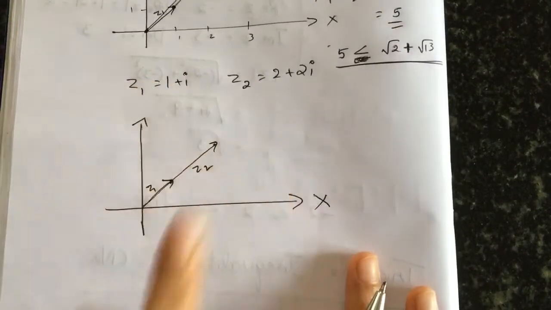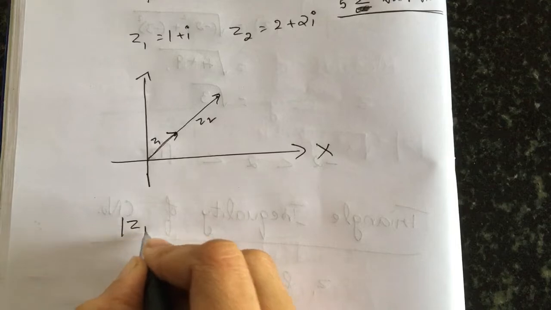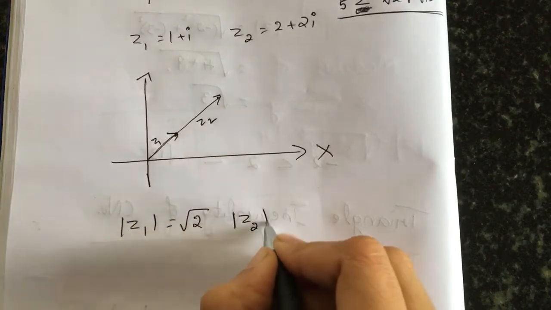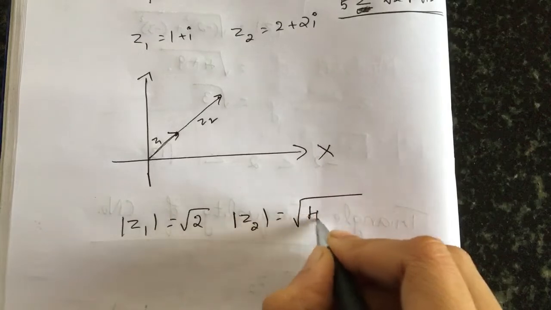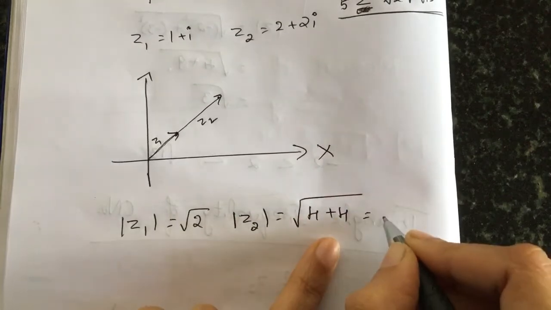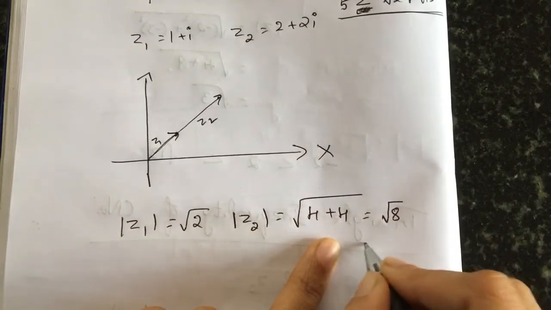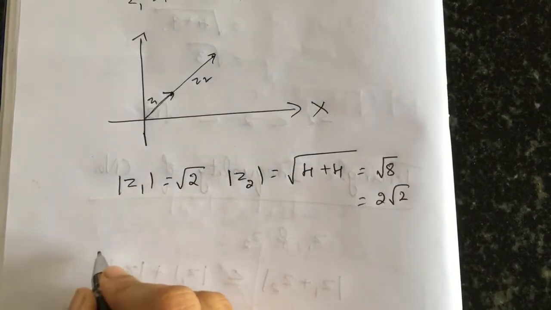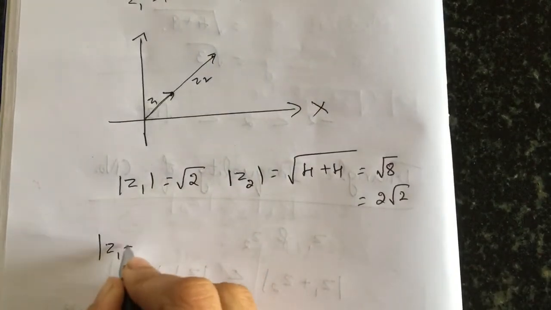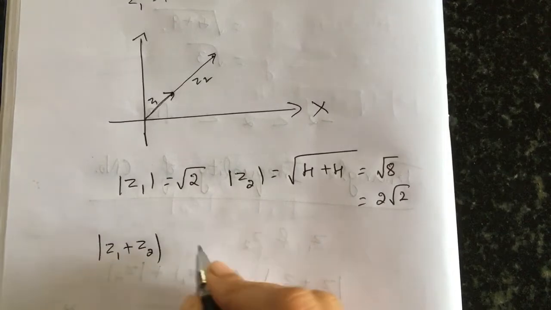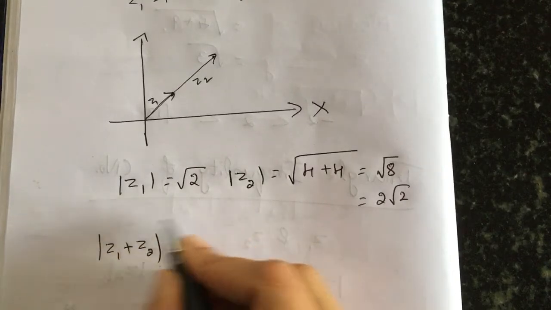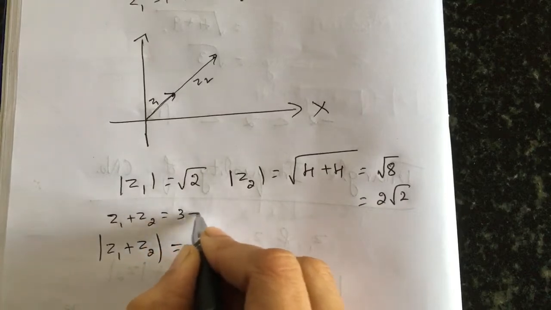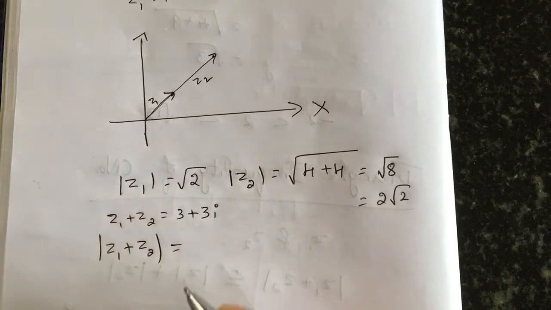When they are collinear, mod z1 we have already calculated, it is root 2, and mod z2 is root of 4 plus 4, it is root 8, or you can say 2 root 2. Then for mod z1 plus z2, first you calculate z1 plus z2, it is 3 plus 3i.